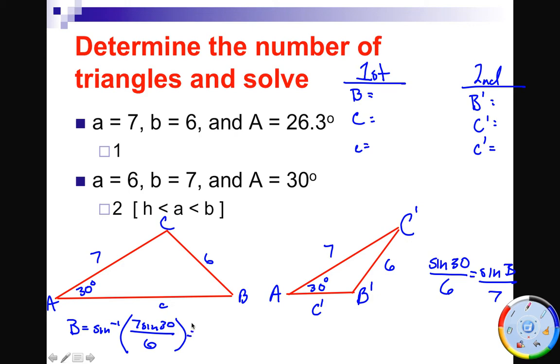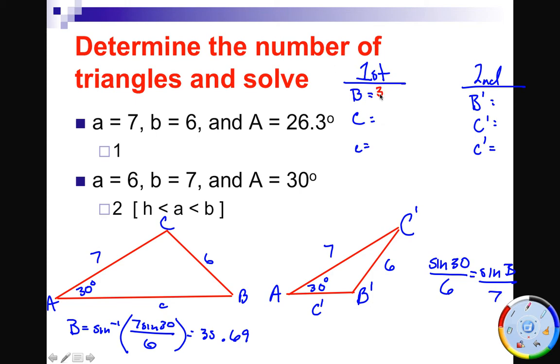Make sure my mode's in degrees. I go sine inverse of 7 sine 30 divided by 6, and I get 35.69.